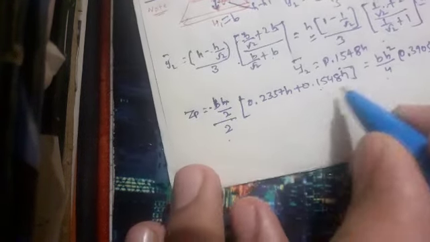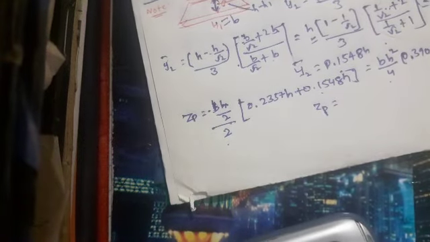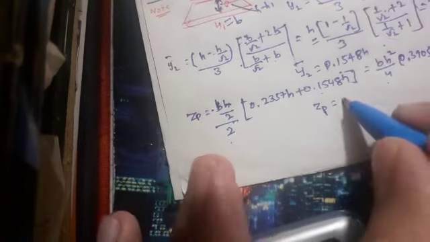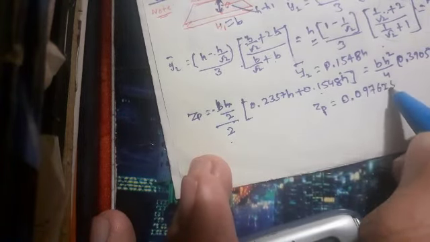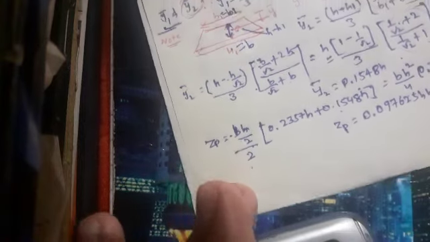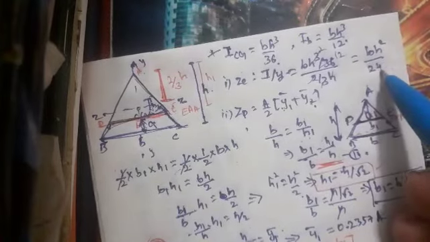This will be the value for Zp. So Zp is equal to 0.097625 into bh square. I have already found the Ze value here.